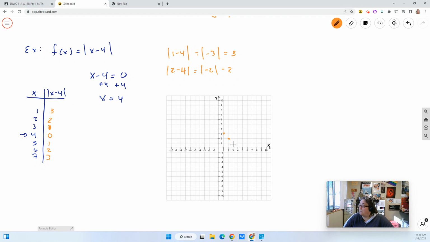I have a point at 3, 1. I have a point at 4, 0. And then I can kind of come up doing the same thing. And then we just make our V. Now these go on for infinity, so you can just put little arrows at the end, and they're all going to work out that way, right?